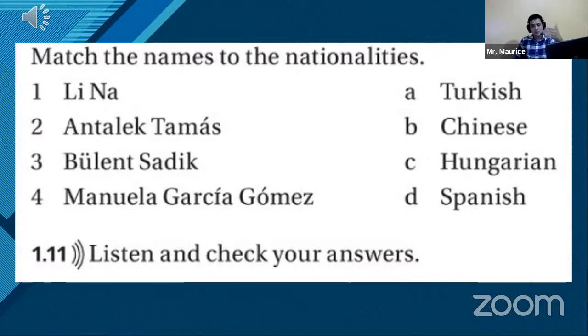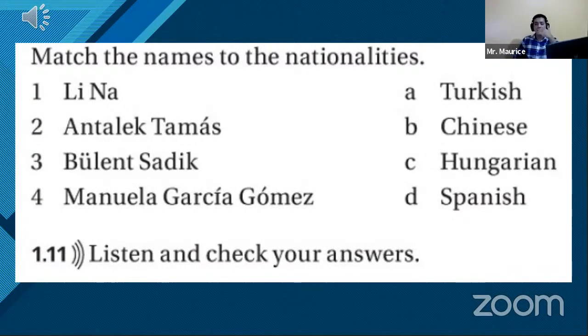Kathy Alvarado, good morning. Good morning. Okay, miss. What language does Antalek Tamás speak? Okay, but give me the answer. Okay, I'm talking about the language.